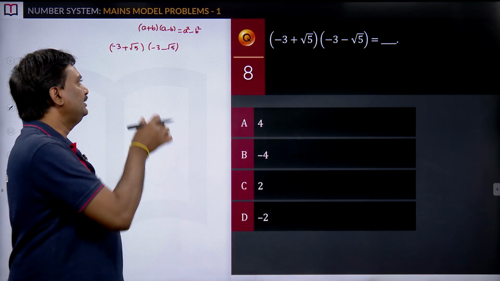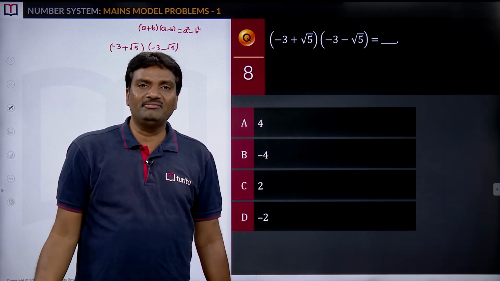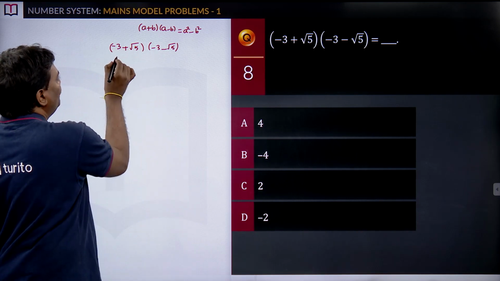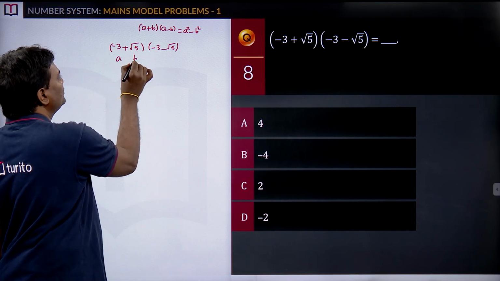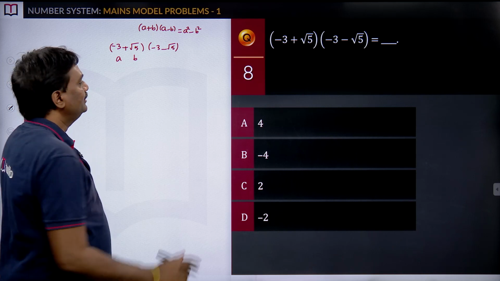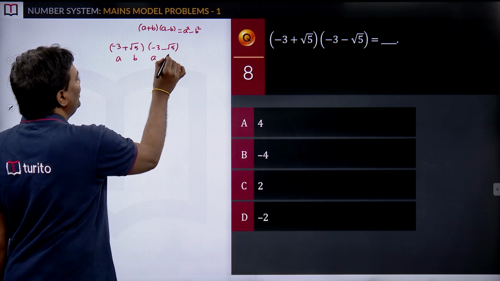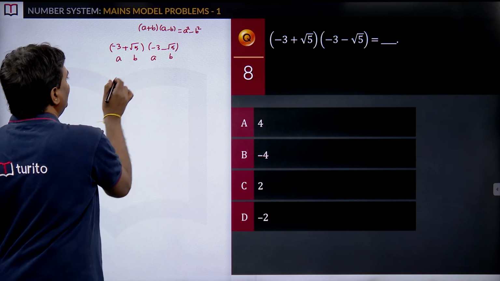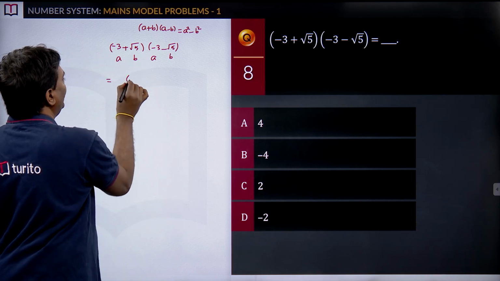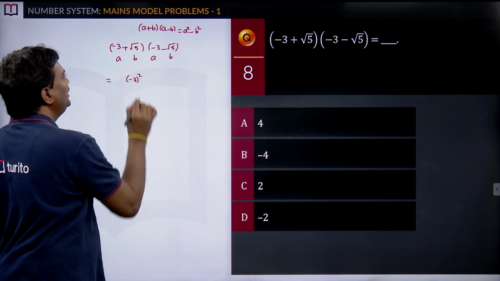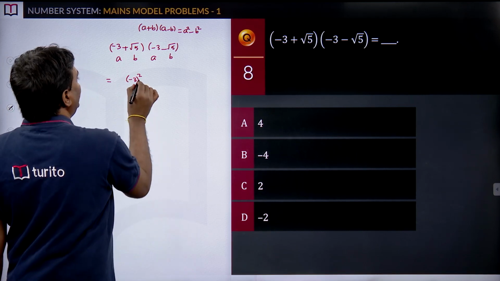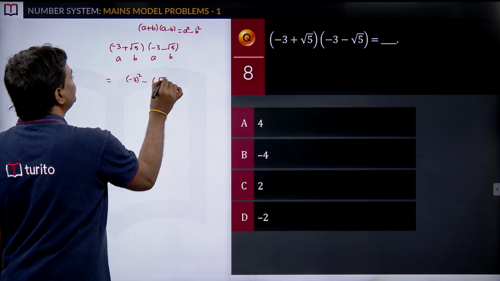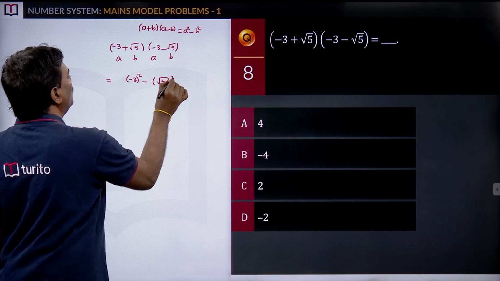Or by multiplying these two directly, we will get the same. Here in place of a we have minus 3, in place of b we have root 5. In the second bracket also, in place of a we have minus 3, and in place of b we have minus root 5. So, the formula is a square, minus 3 whole square, minus b square, root 5 whole square.